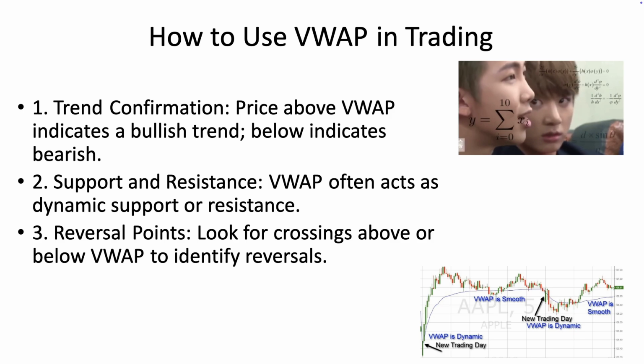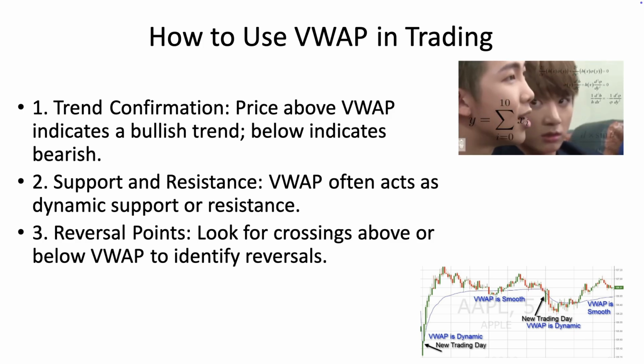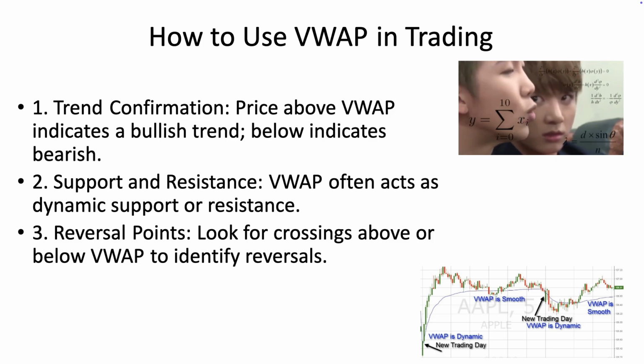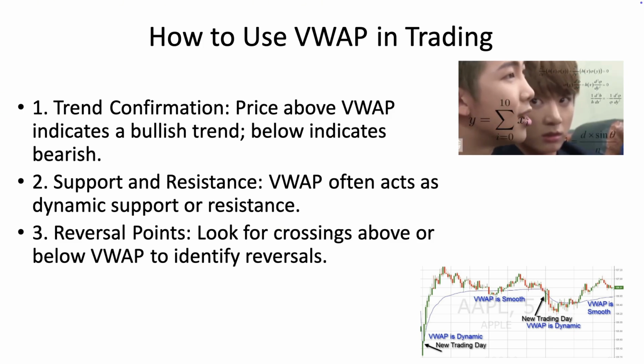So just a little side note, I just want to compare it to other indicators. So basically, VWAP versus other indicators, just moving averages by itself, it smooths out the price action over time, but it doesn't factor in volume. VWAP is more accurate because it adds the volume data. Basically, you do have some limitations of VWAP. While it is powerful, it has limitations. Best suited for intraday trading, it resets daily, so understand that.